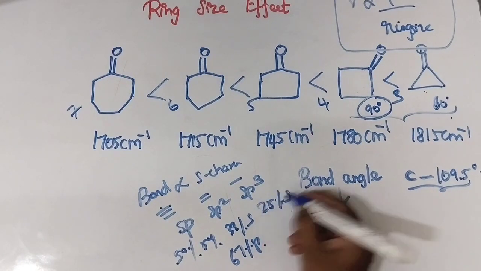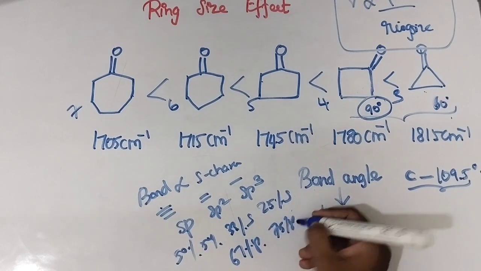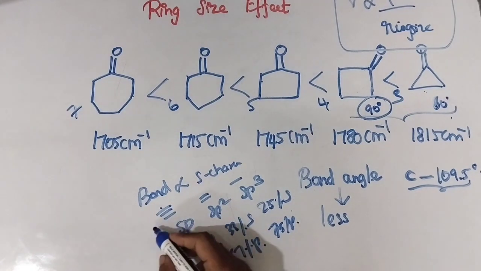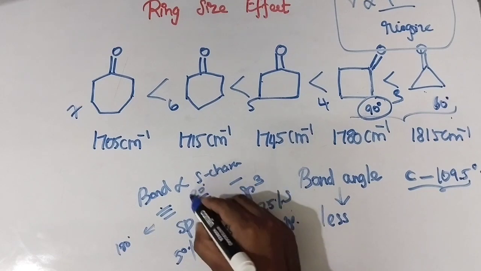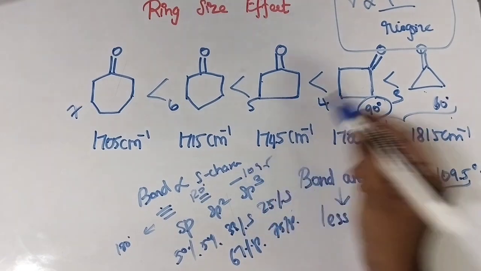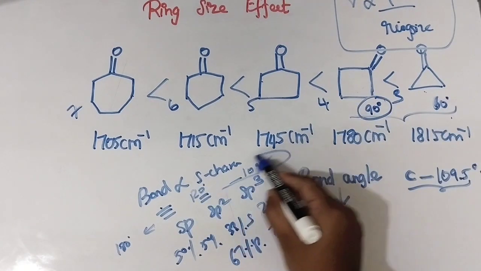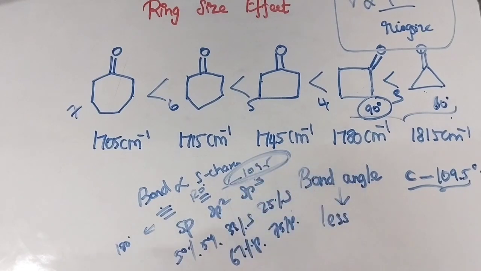Here 25% S character and 75% p character. So the bond angle for sp hybridization is almost 180 degree, here it is 120 degree, here it is 109.5 degree. So if you have a lesser bond angle, then P character will be higher. Lower the bond angle, greater will be the P character.